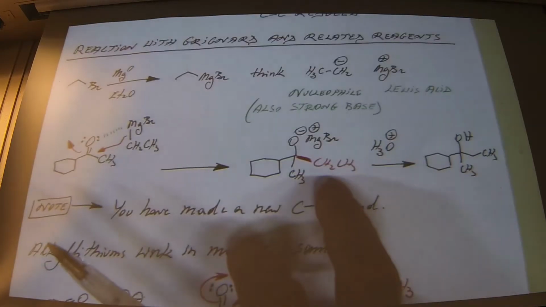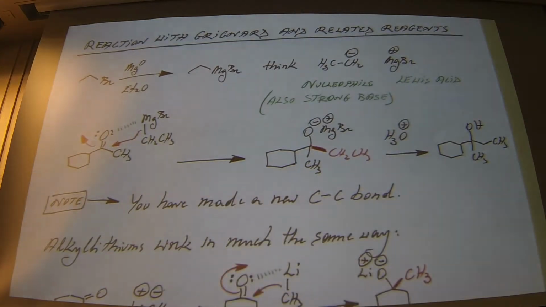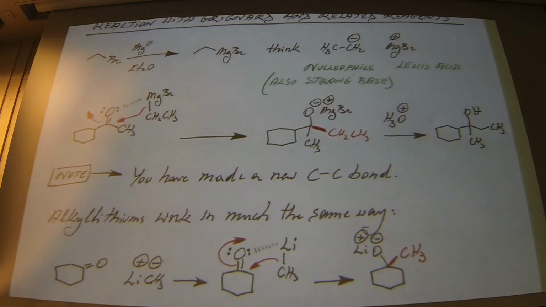Okay, then we talked about Grignard reagents and related additions. And recall that the significance of this was that you're forming a new carbon-carbon bond. So this adds to our repertoire of reactions that allow you to form new bonds to carbon.